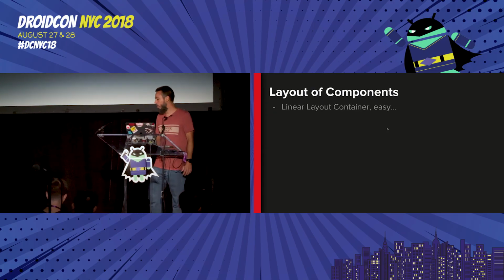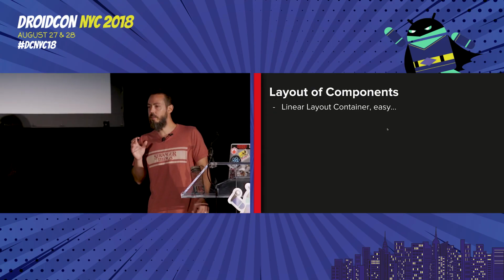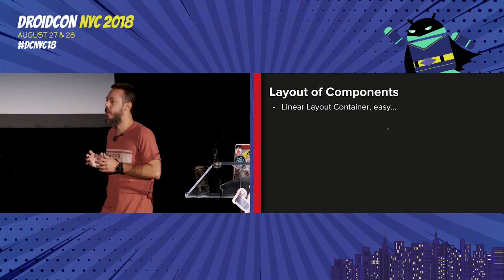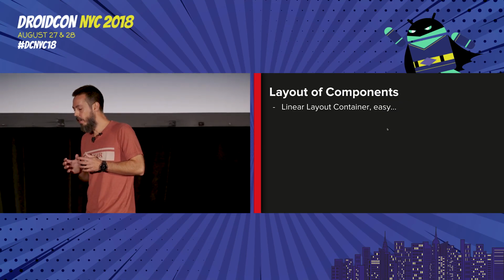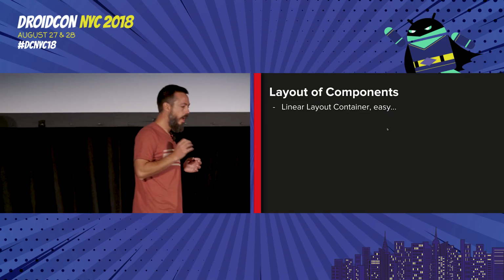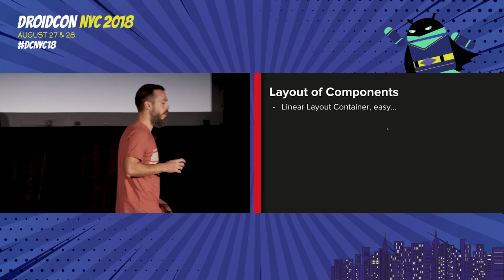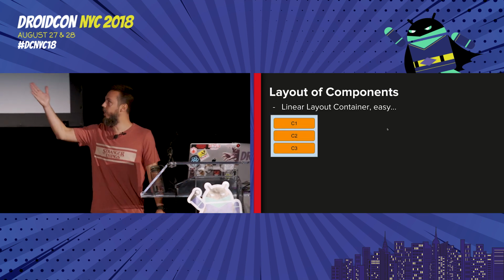So what's the approach that we use for layout? If you have a simple screen and the parent or the container that the fragment owns is a linear layout, it's pretty easy, because every single component is going to inflate itself and create that.